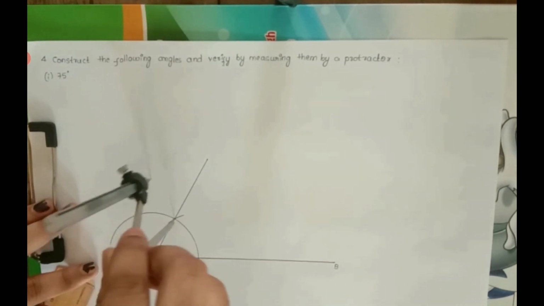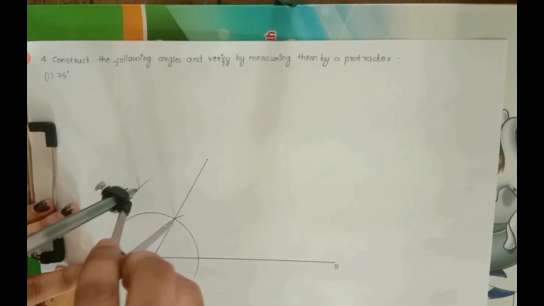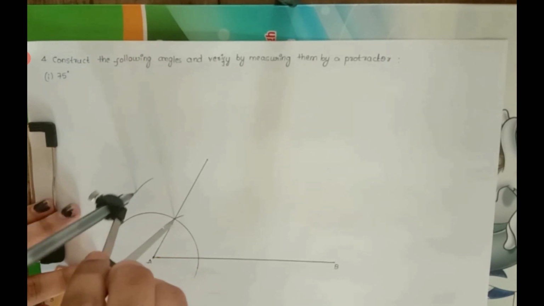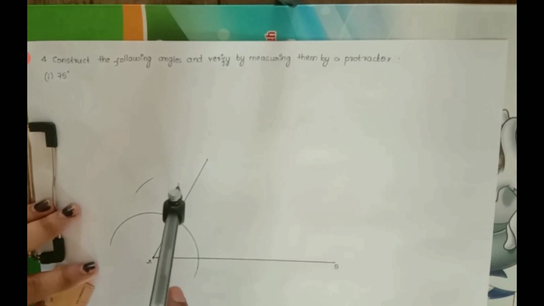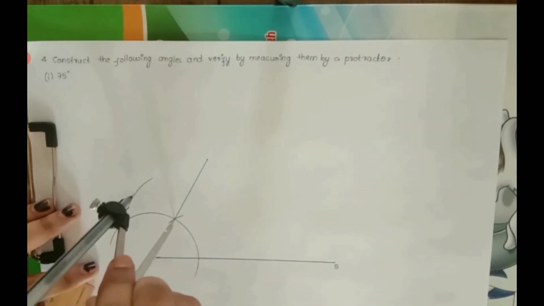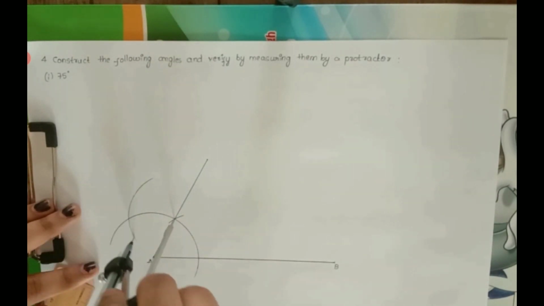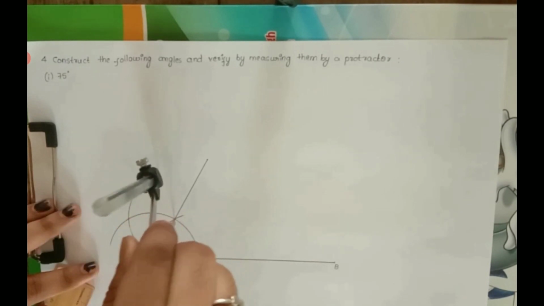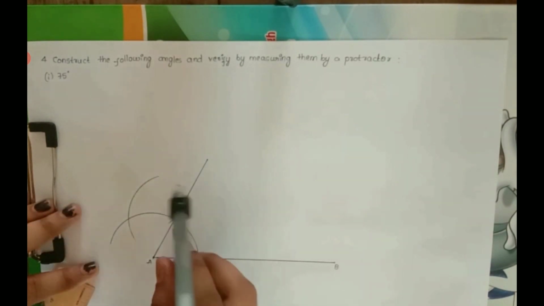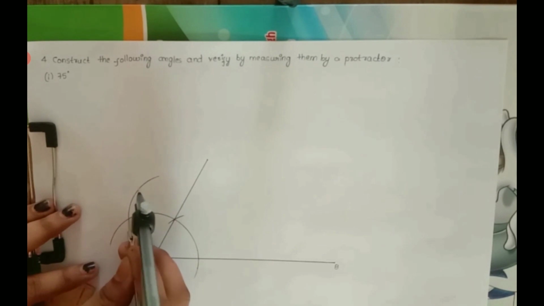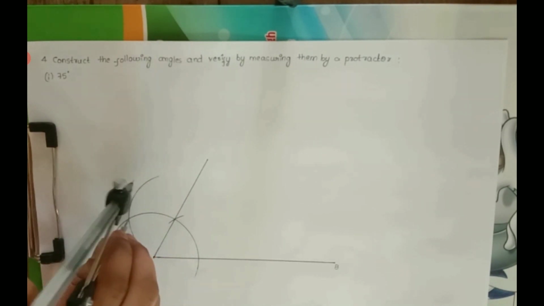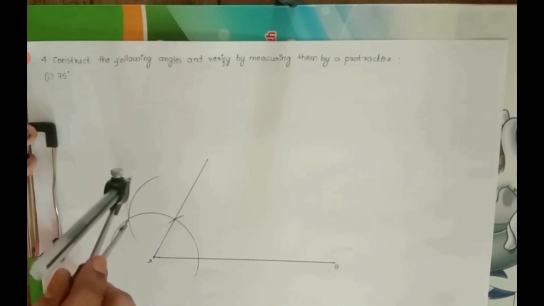One arc is above the first arc, and again you must cut the first arc. Follow the same method to construct, and with this point as a center, cut the previously drawn arc without changing the radius.